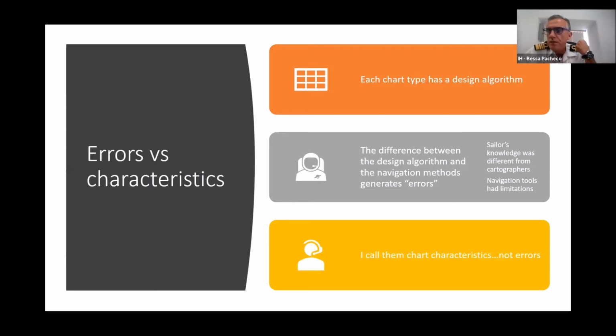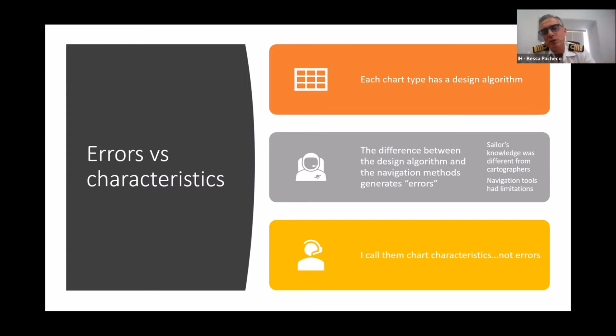I believe what we call errors are just the differences we notice between the design algorithm and the navigation methods that are used. These differences are related to several things. The cartographer makes the charts using some science that sailors or pilots are not completely aware of, and that generates a lot of confusion when it's used.